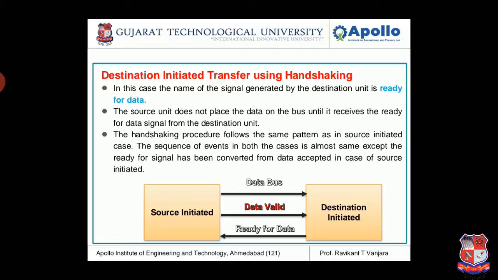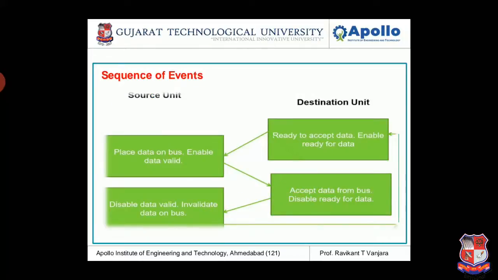I hope you got something about asynchronous transfer in input-output organization. This is the sequence of events. First, the destination unit enables the ready for data signal. The source unit places data on the data bus and enables the data valid signal, and then the data is received by the destination unit.